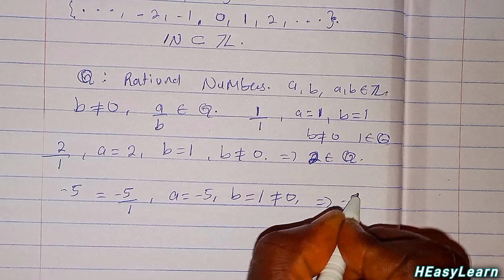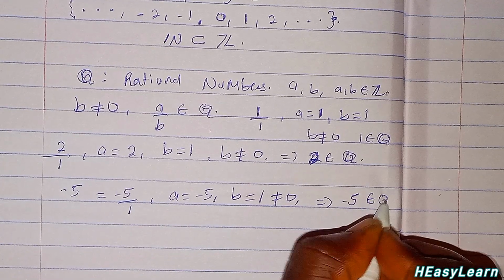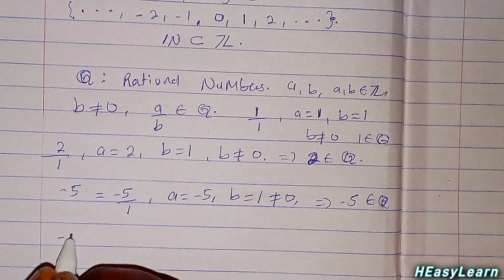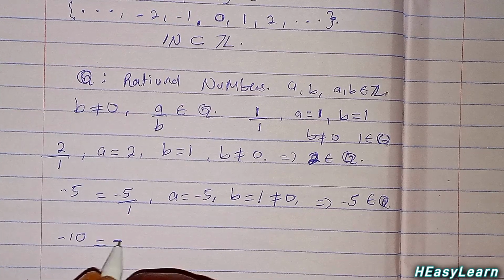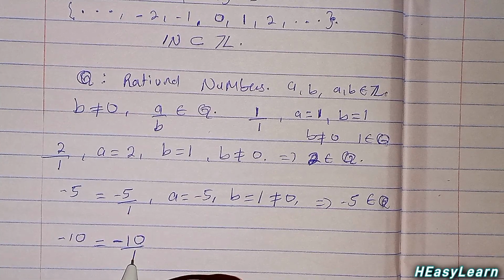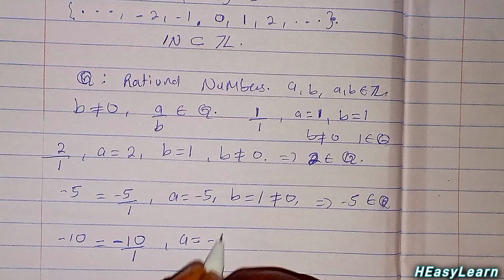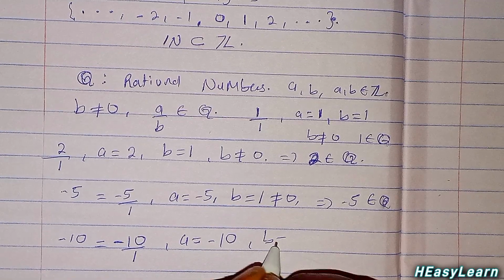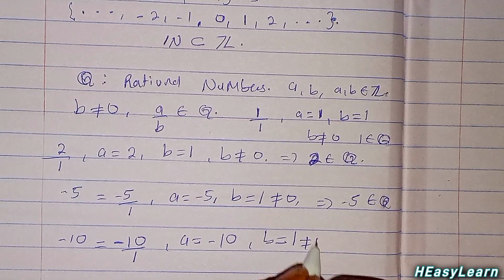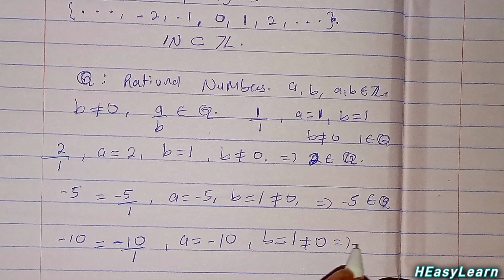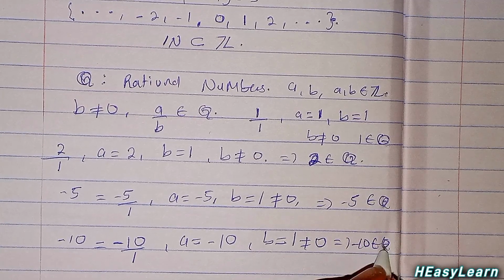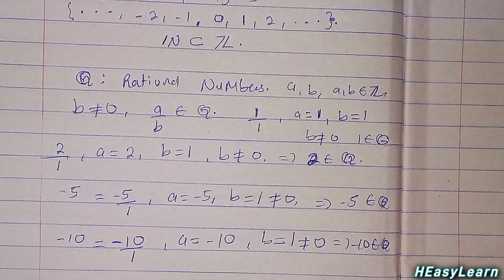This implies that -5 is in the set of what? Rational numbers. When -10 is given, -10 is the same thing as -10 divided by 1, for which a equals -10, b equals 1, b is not equal to 0. This implies -10 is in the set of rational numbers.